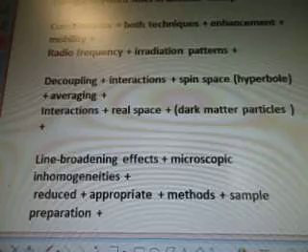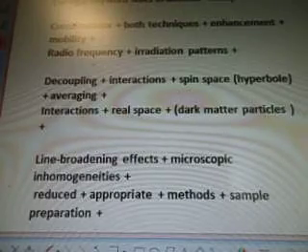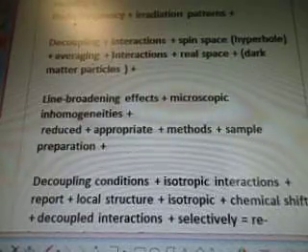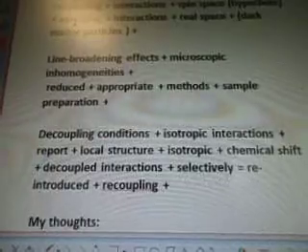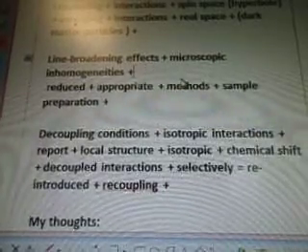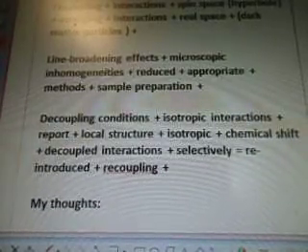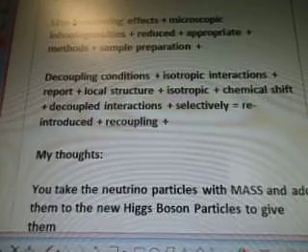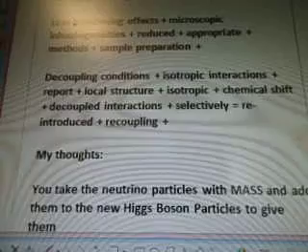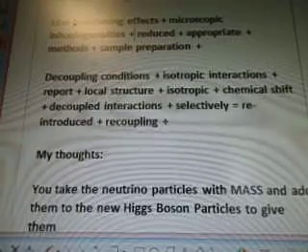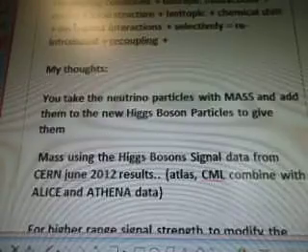Then we have decoupling, interaction, spin space, hyperbole, averaging interactions, real space, dark matter particles, line broadening effects, microscopic inhomogeneities, reduced appropriate methods, sample preparation. Decoupling conditions, isotropic interactions, report, local structure, isotropic chemical shift, decoupled interactions selectively equals reintroduced recoupling.